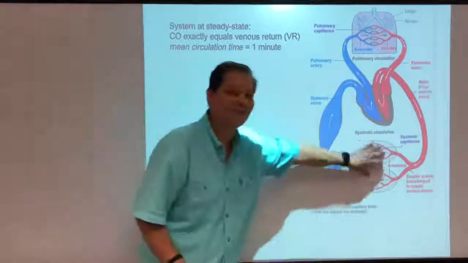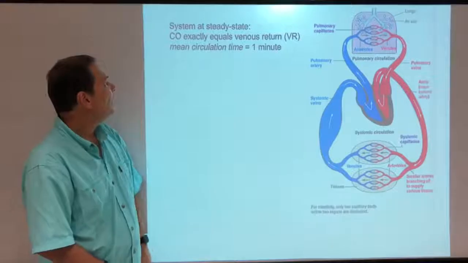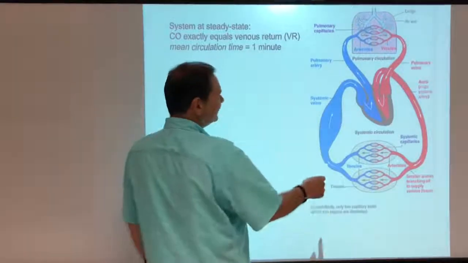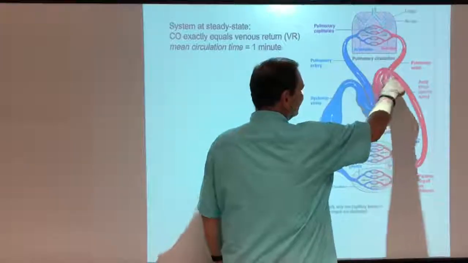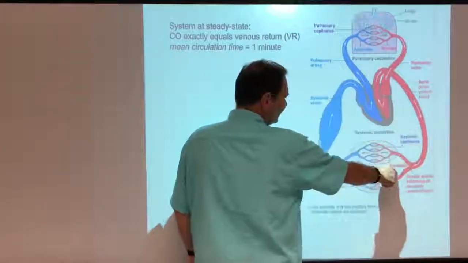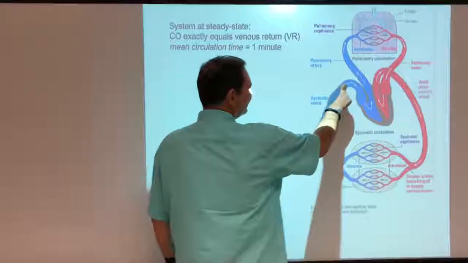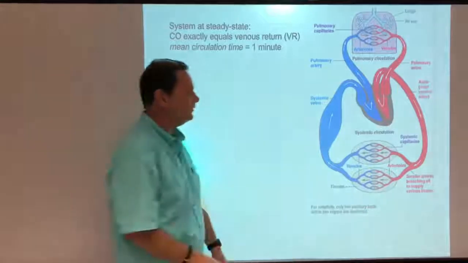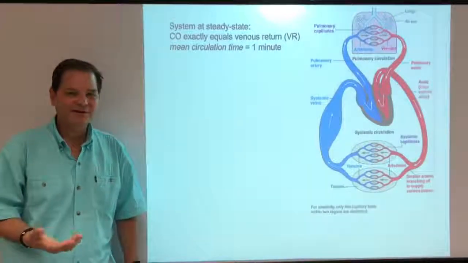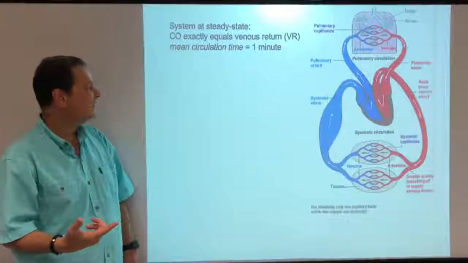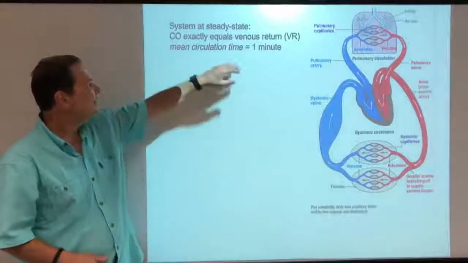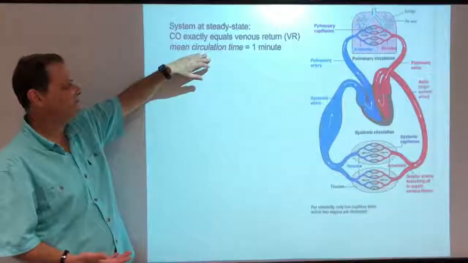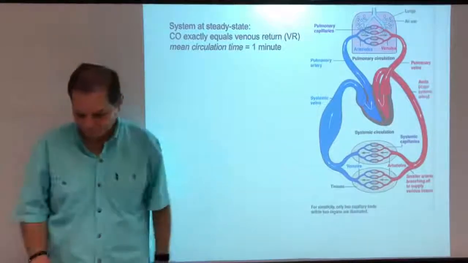If I were to take a red blood cell and track it all the way around, through the arteries, down through the capillaries, through the veins, through the lungs, and then back into the left ventricle, and I were to time it and take the average amount of time it takes for all that to flow, the average would be about 1 minute. We call this the mean circulation time.